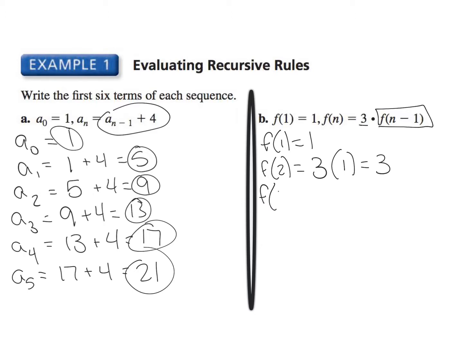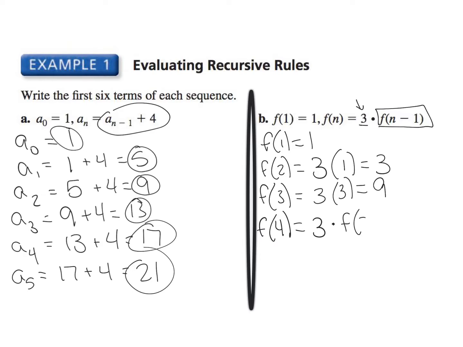So f of 3 is 3, which I get from there, times my prior term, which just happens to be 3. Right? If you're having a hard time seeing it like that, I can write it out in the sense that we've got f of 4 equals 3 times f of n minus 1, which is my prior term.